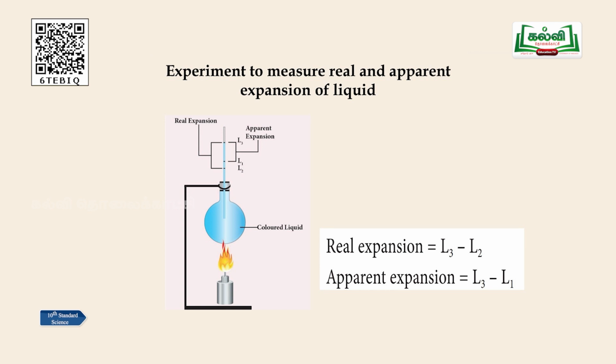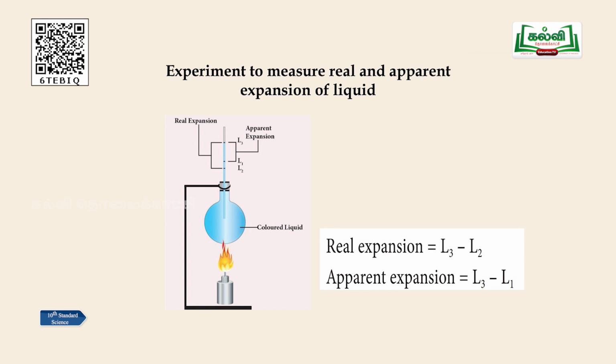Third, when we keep on heating again, you can see after some time it has increased to another level L3. So what happened that time? Your container also expanded, and the water also got expanded. So you can see the water initially was at level L1, then it reduced to level L2, then after some more time it went above L1 and L2 and reached the L3 level. Now we have got three levels.